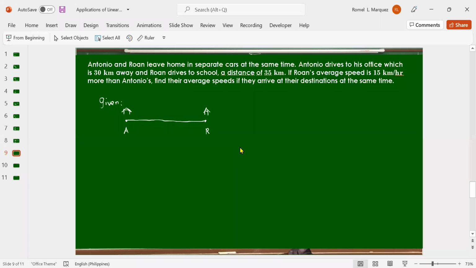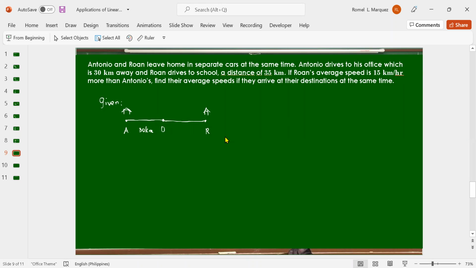Antonio drives to his office, which is 30 kilometers away. So yung office, halimbawa narito yung office. Assuming lang ha, this is the office. That is 30 kilometers away, no?